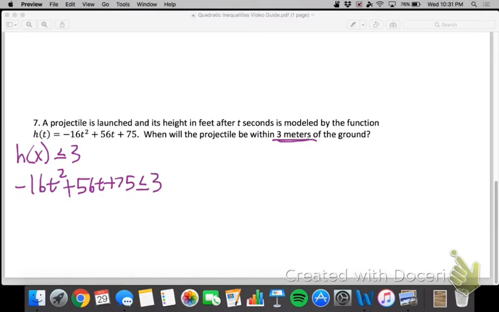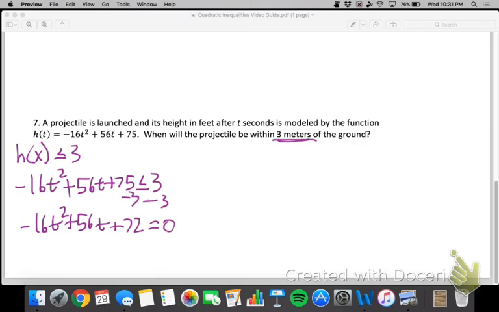So what we can do is we're just going to pretend it's equals for now. So plus 56t, and I am going to subtract 3 from both sides. Plus 72 equals 0.